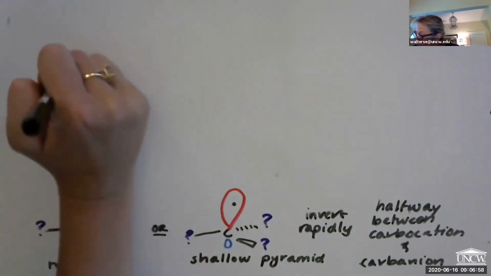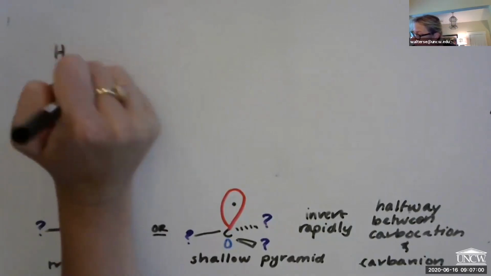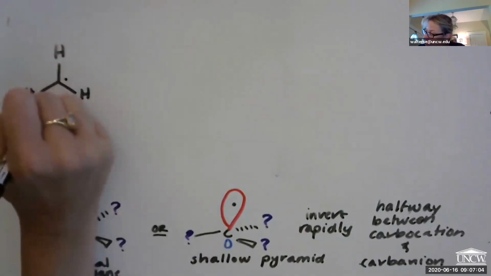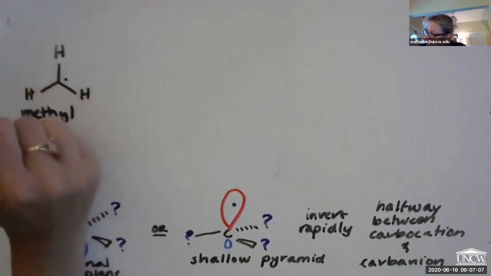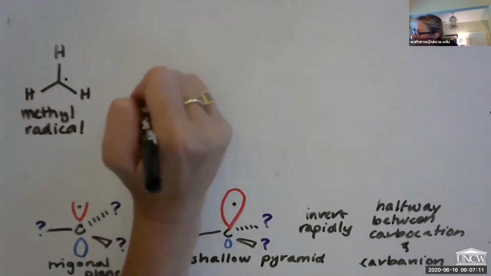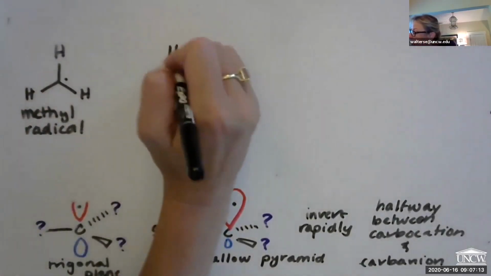So if you have what we would call a methyl radical, it has 3 hydrogens, and then a primary radical would have 1 R group.